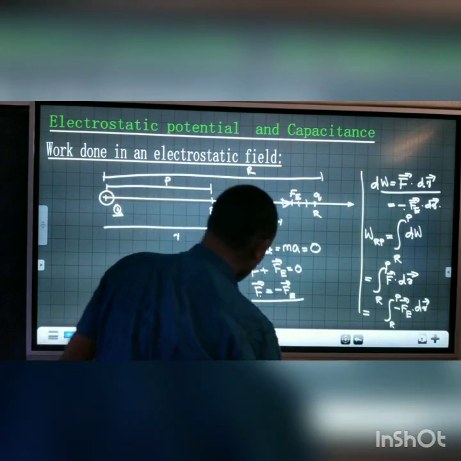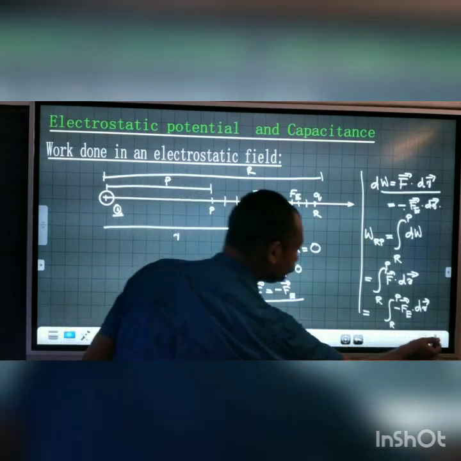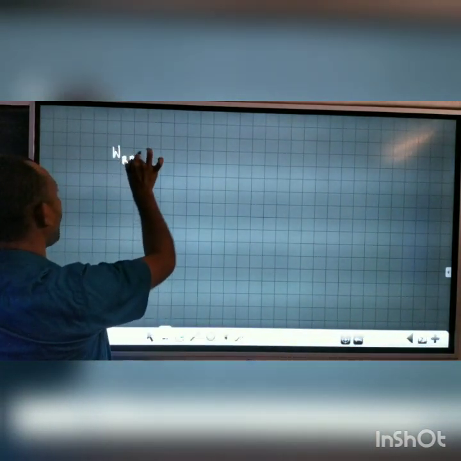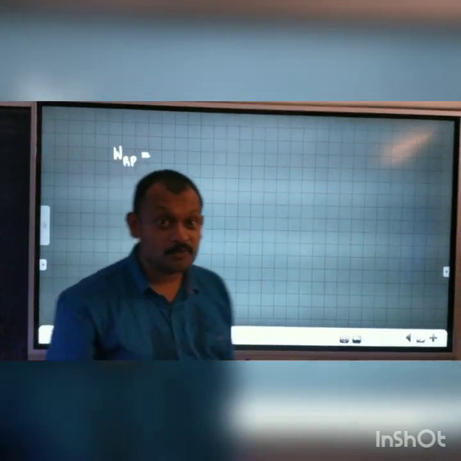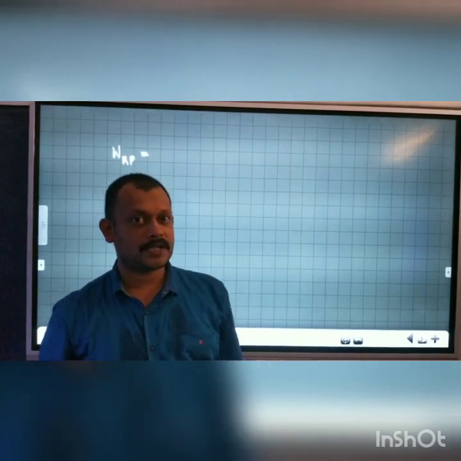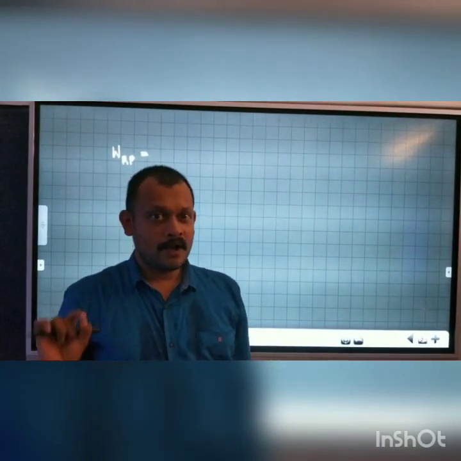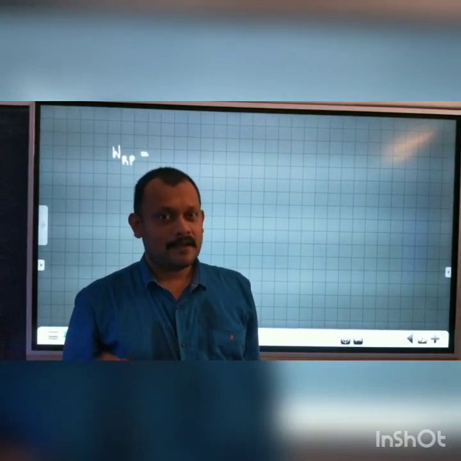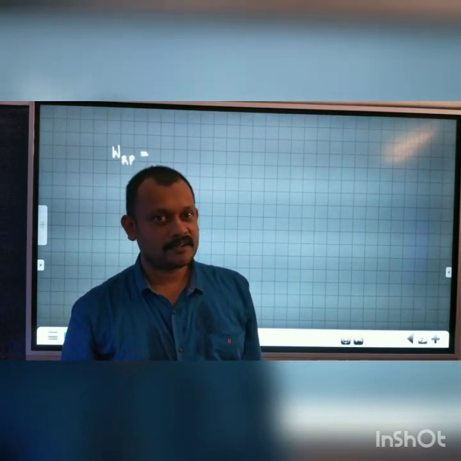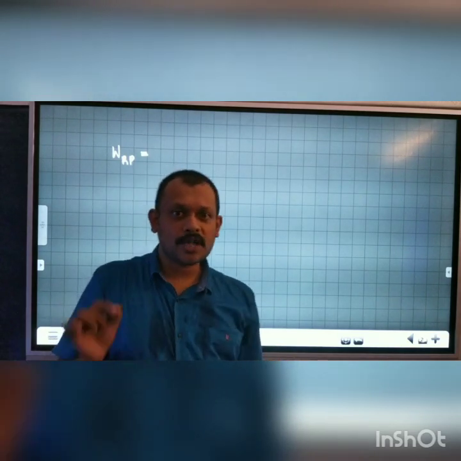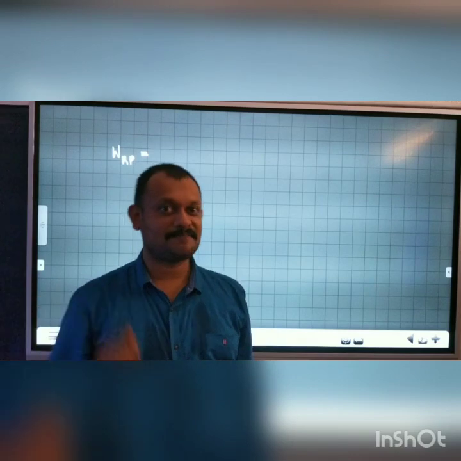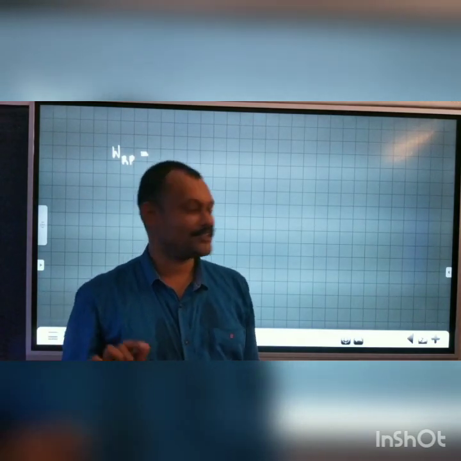So concluding, what's the work done to move a charge from R to P? W_RP. Work done by whom? Work done by the external agency. For what purpose? To take the charge from R to P infinitesimally slowly without acceleration, or at a very slow but constant speed without acceleration.